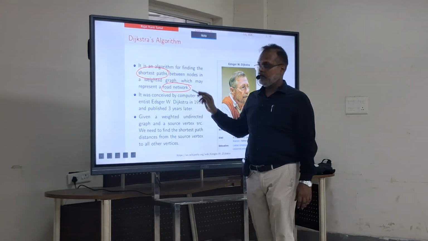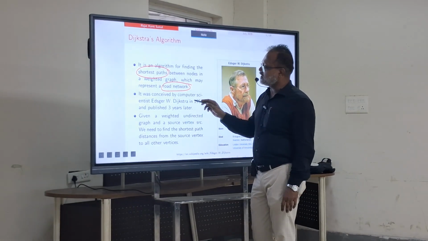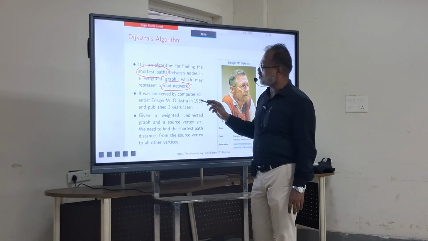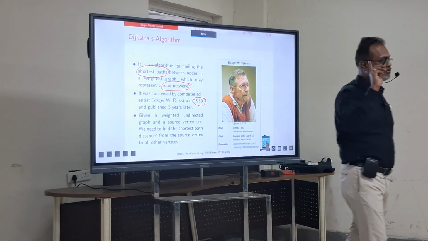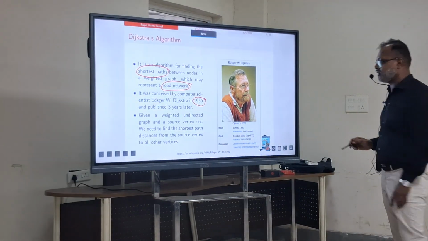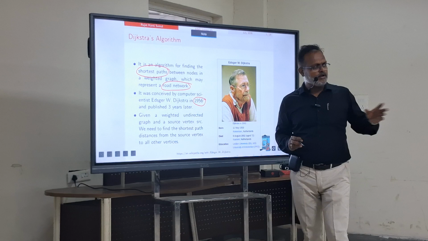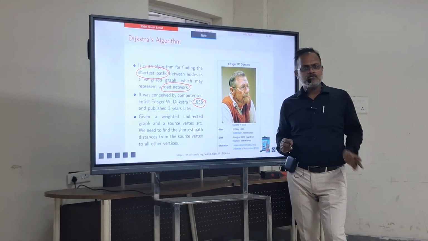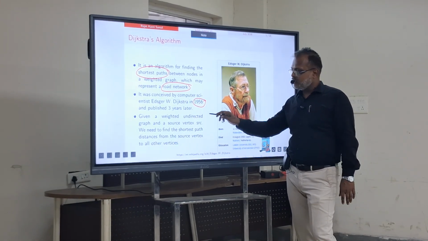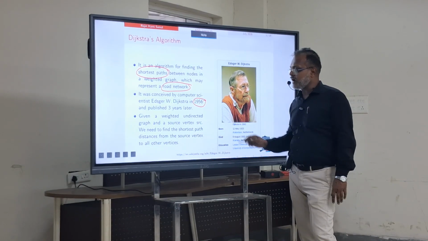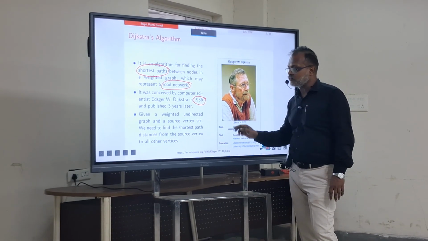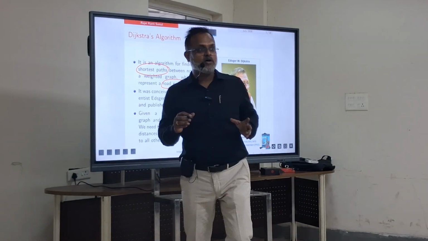It was conceived by computer scientist Edward W. Dijkstra in 1956. So the source of Google Map goes back long to 1956. Computer science students do it regularly, but for us electrical engineers, we don't know about all these algorithms. Given a weighted undirected graph and a source vertex, we need to find the shortest path distance from the source to other vertices. So shortest path, isn't it?